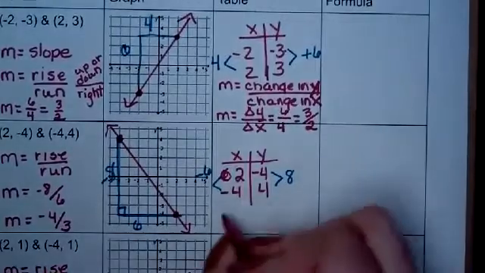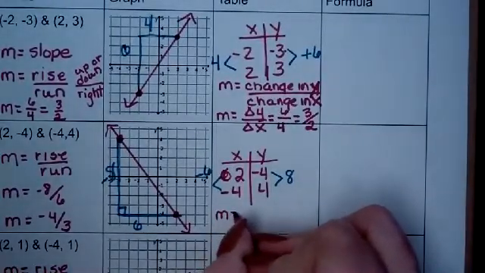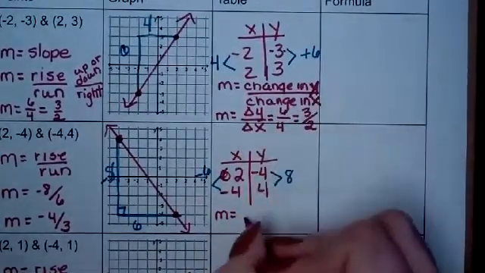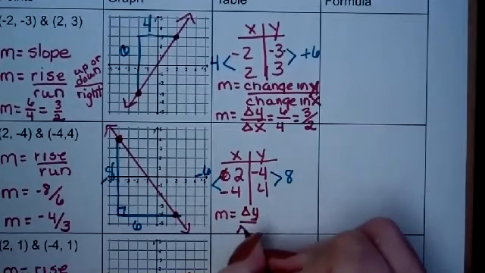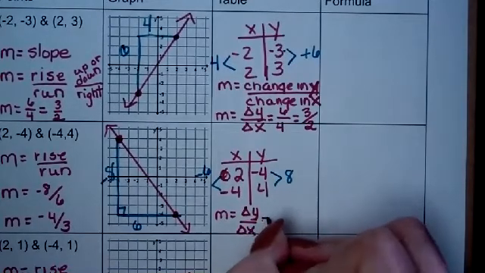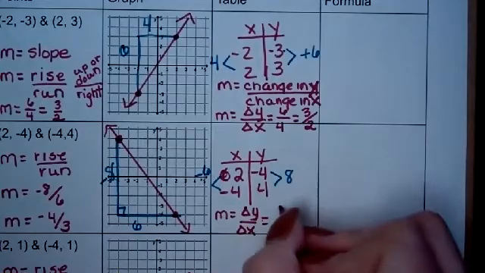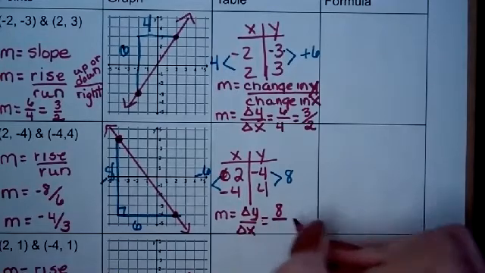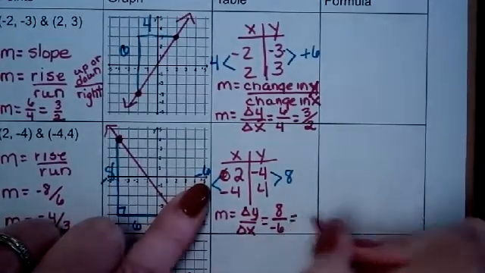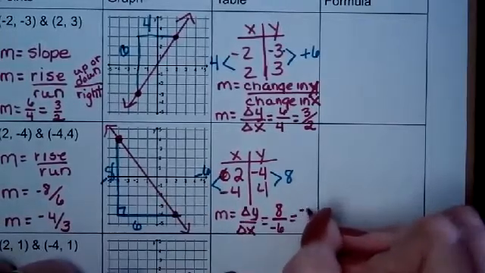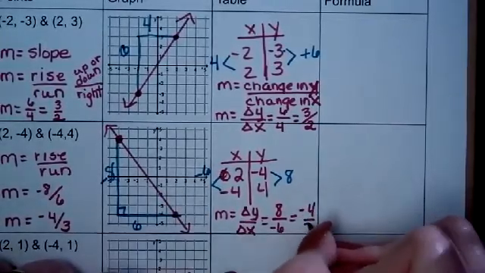So right here, I'm not going to write that whole big change out. I'm going to put change in y over change in x equals 8, this is my y, and -6 for the change in x. But that's going to simplify to -4/3.